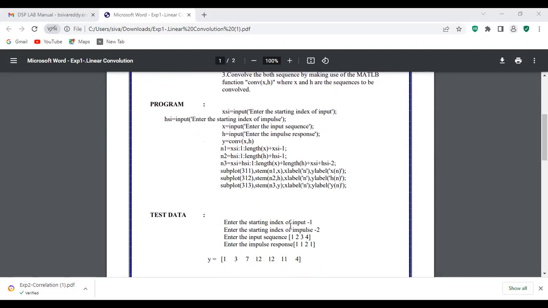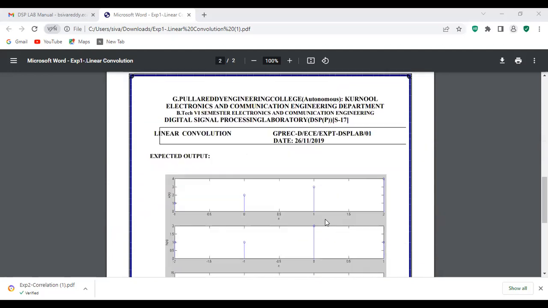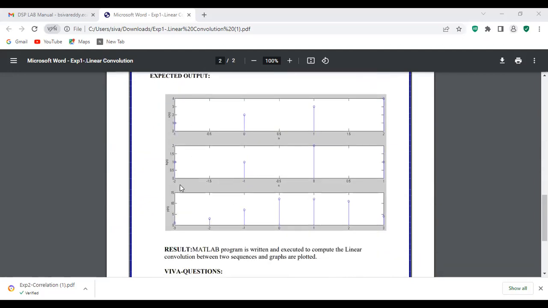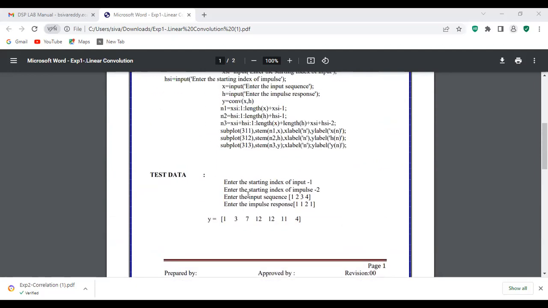So a starting index of -1 for the input signal means x of n starts from -1, 0, 1, 2, and h of n starts from -2, -1, 0, 1. So I have to specify that starting index.